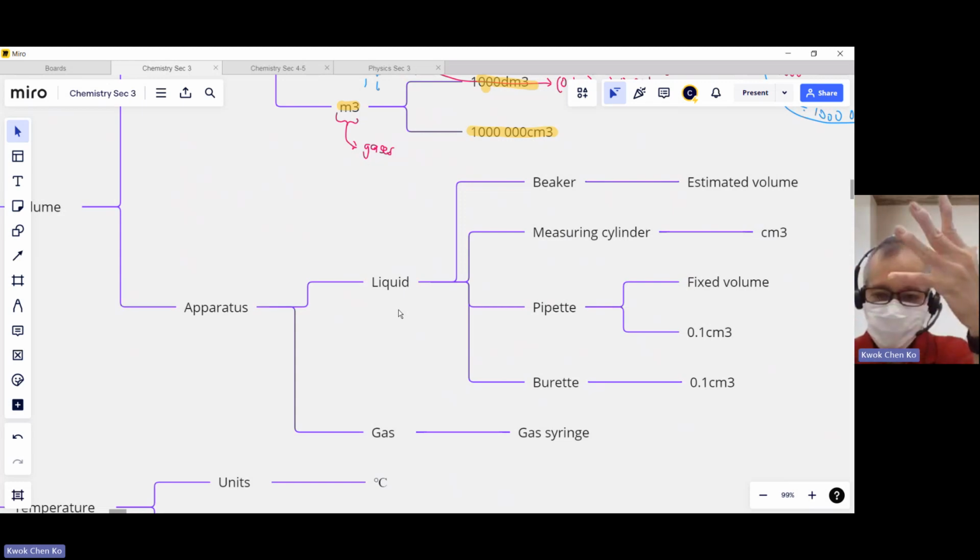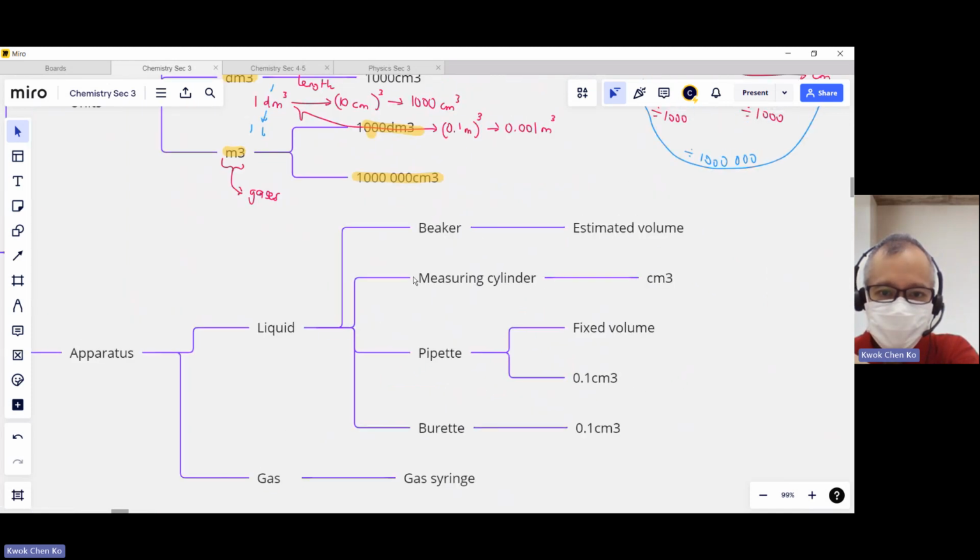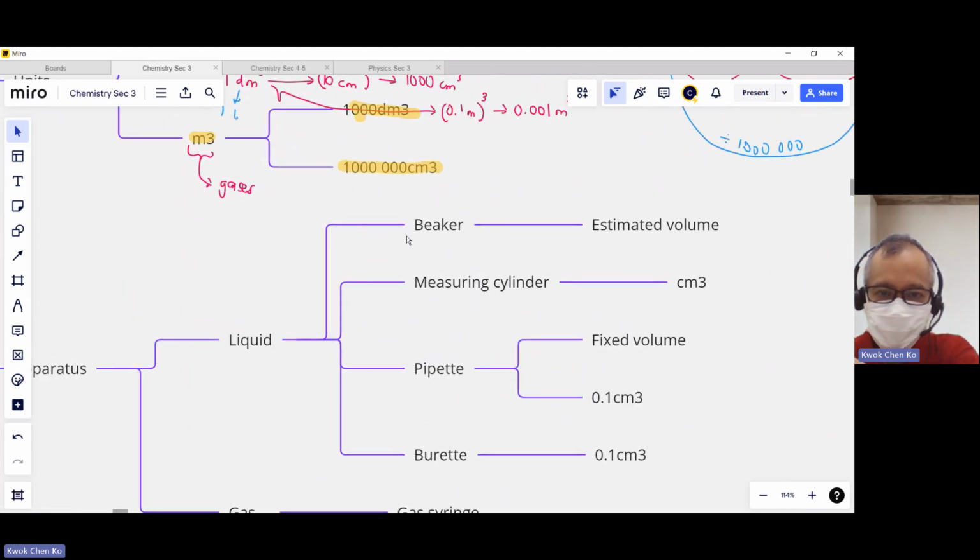So be very clear what kind of state of matter you're measuring. If it's a liquid, I hope this is nothing new to you. You use a beaker, measuring cylinder, pipette, or burette. These are the 4 standard apparatus for measuring liquid volume.